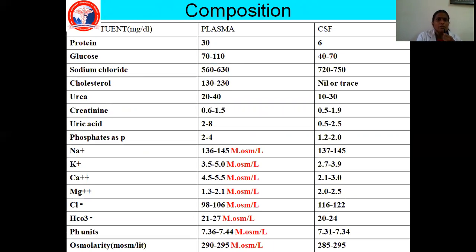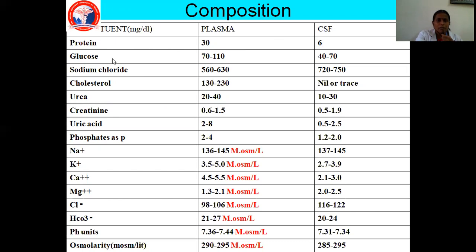So this table shows the composition of the CSF and the plasma, the comparison of the ions and organic substances present in the plasma and cerebrospinal fluid. The organic substances like protein, which is 30 milligram per deciliter in plasma, but only 6 milligram per deciliter in CSF.